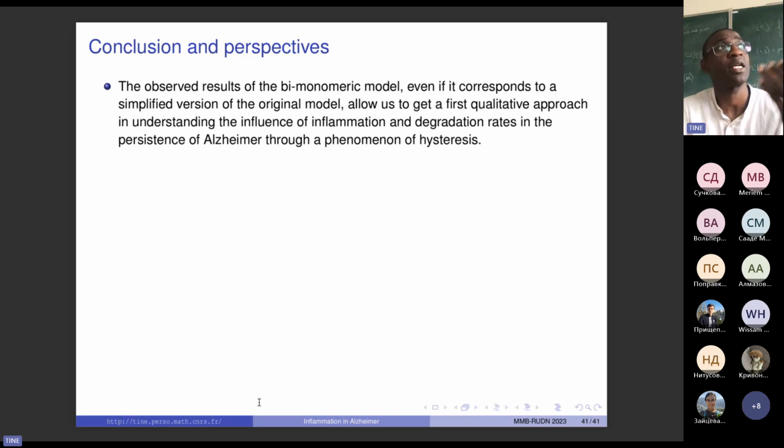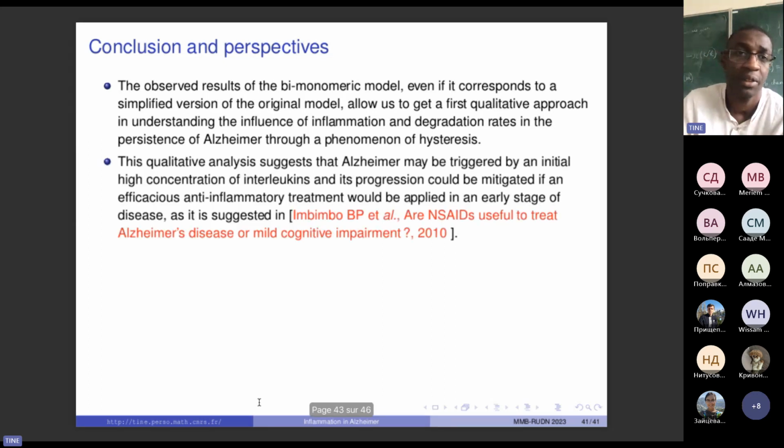It can depend on the inflammatory process, and it can also depend on the choice of the initial condition of monomers. So this simplified model allows us to get a first qualitative approach in understanding the influence of inflammation and degradation rate on the persistency of Alzheimer's through a phenomenon of hysteresis.